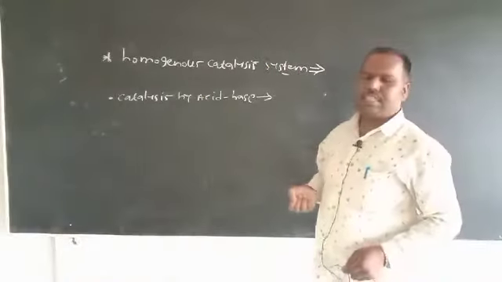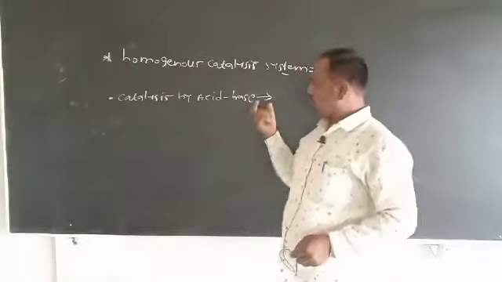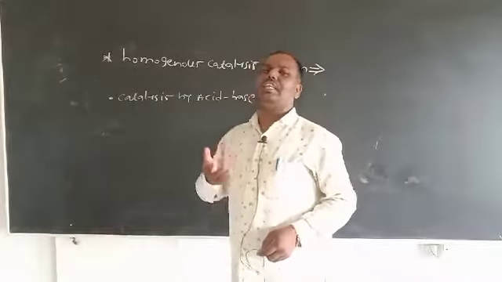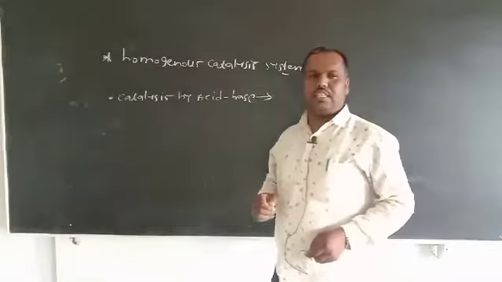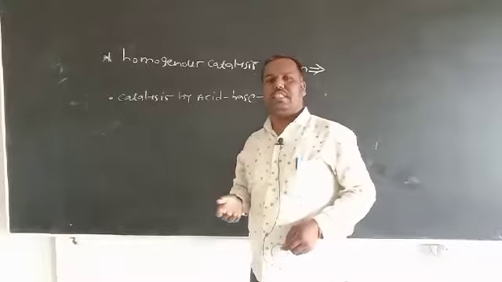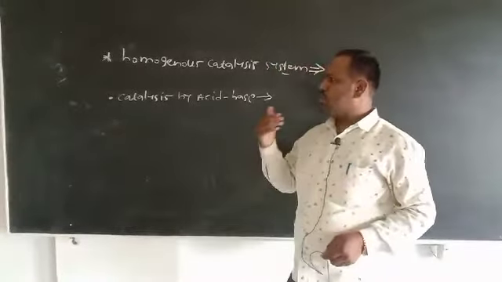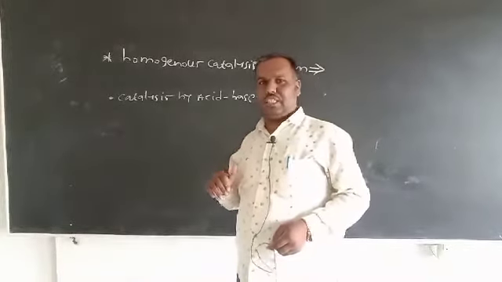The simple example of this acid-base catalysis system is the hydrolysis reaction of ethyl acetate. To perform the experiment in SYBSc, that is hydrolysis of ethyl acetate or methyl acetate in the presence of acid as a catalyst or in the presence of base, that is acid catalyzed ester hydrolysis or base catalyzed ester hydrolysis.